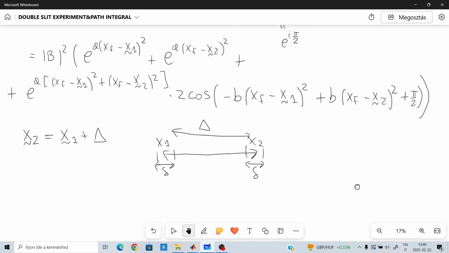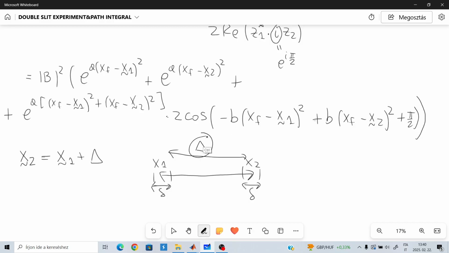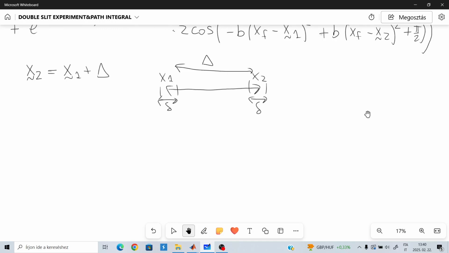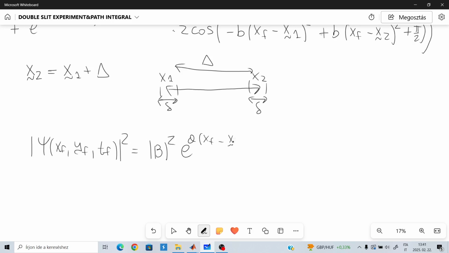And I want to write the expression here in terms of capital delta. So if we do that, we have something like this: mod psi of xf yf tf squared equal to mod b squared, and then we can factor out e to the a xf minus x tilde 1 squared, and then we have 1 plus e to the a capital delta squared minus 2 capital delta xf minus x tilde 1, plus, now let me go below, we have minus 2.